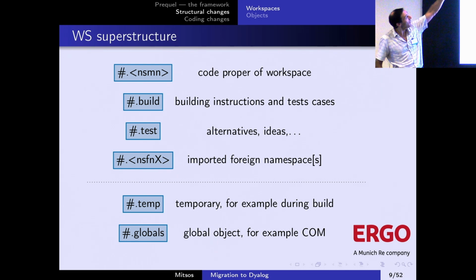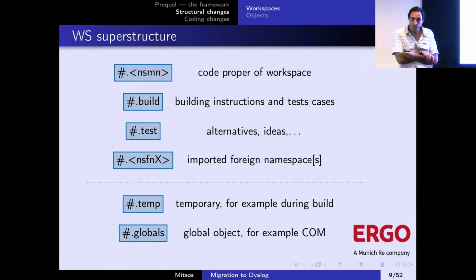Each workspace gets a main namespace that distinguishes this workspace from all the others. Each workspace has a build namespace that contains the building instructions and the test cases. Each one has a playground namespace that is not part of the deployment.